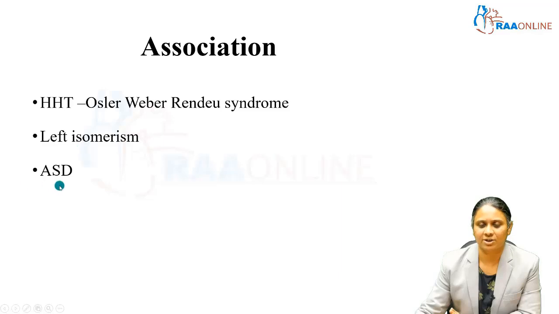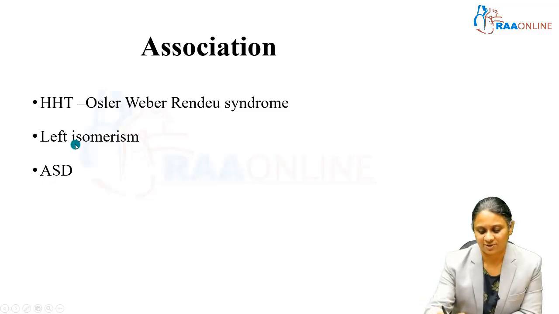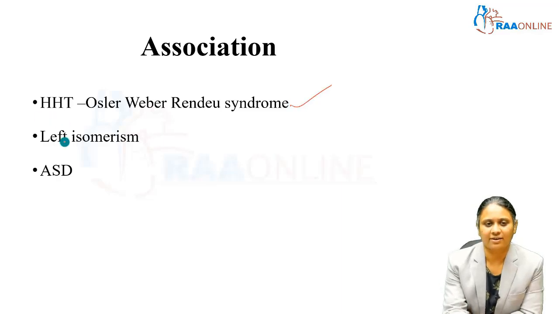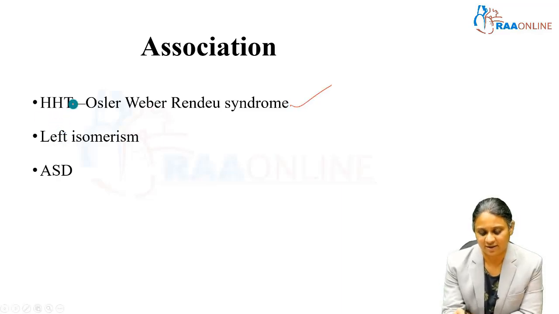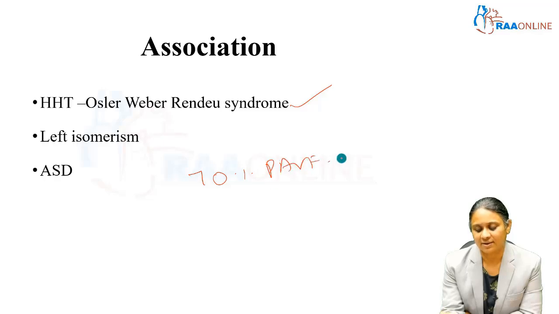Sometimes they might be associated with ASD or left isomerism, but the common association is the hereditary hemorrhagic telangiectasia, also called Osler-Weber-Rendu syndrome. So 70% of all pulmonary AV fistulas are associated with HHT, while 50% of HHT have pulmonary AV fistulas.